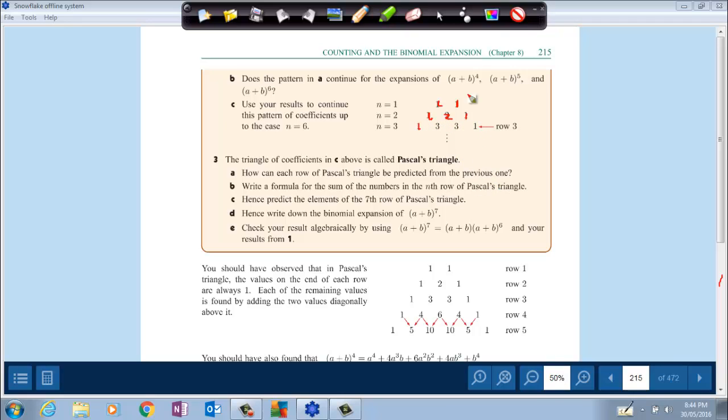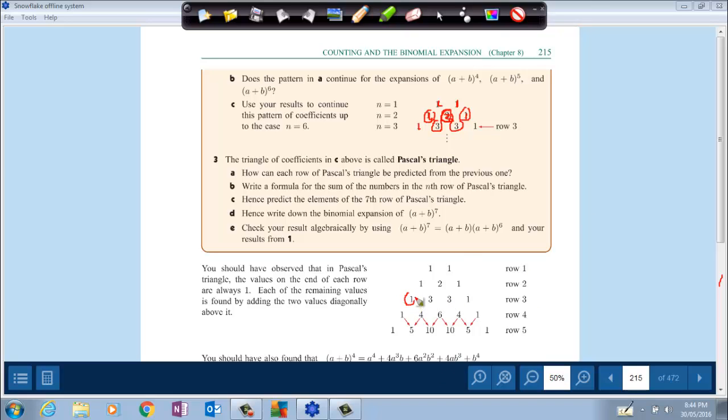And you can see a pattern that if you just add the two previous numbers on a diagonal, you get the next number. So 1 plus 2, you get 3. Or 2 plus 1, you get 3. And you can see down here it can keep extending.